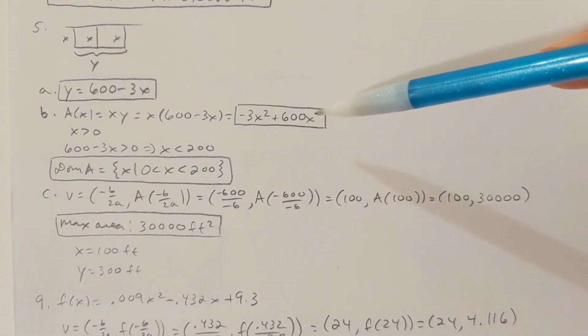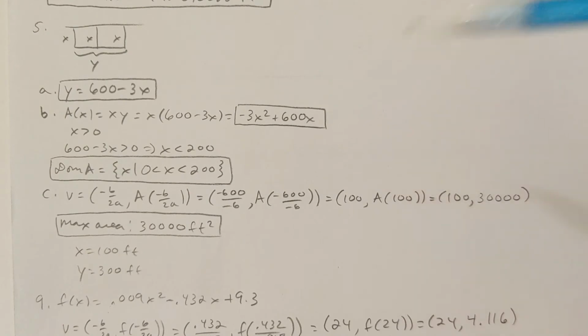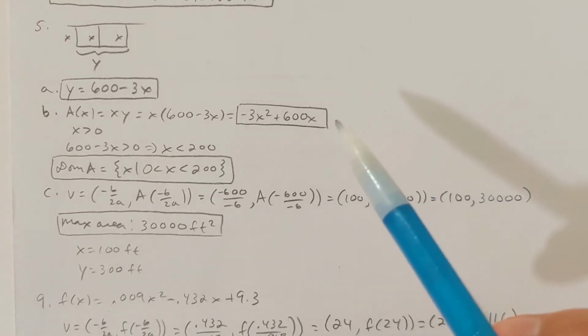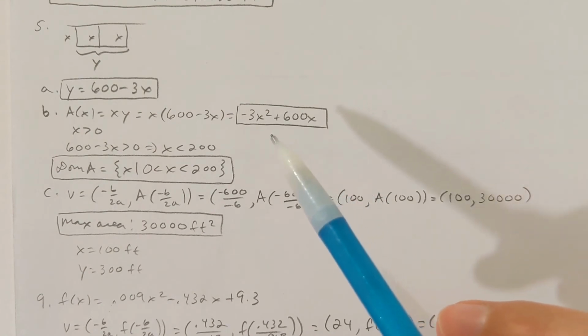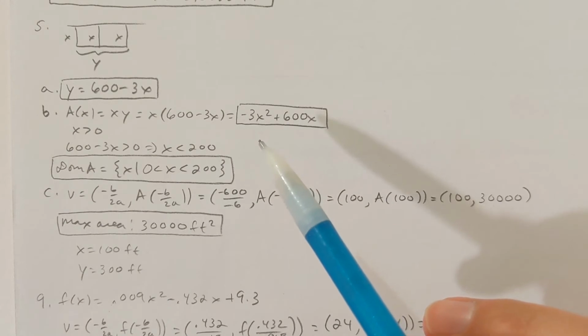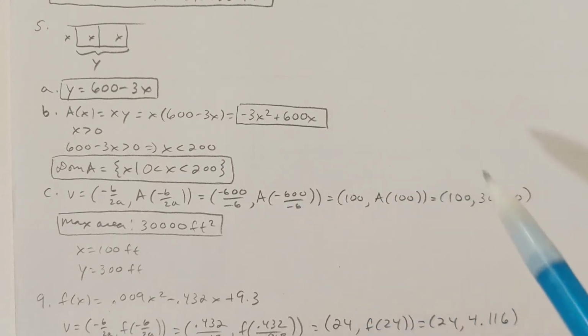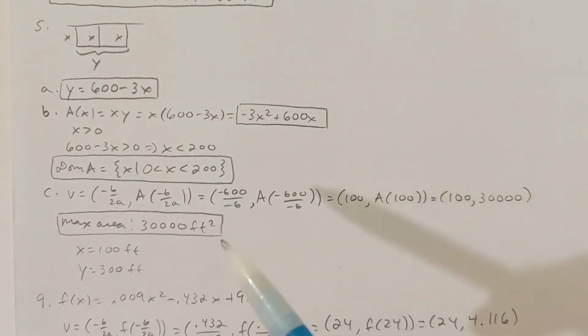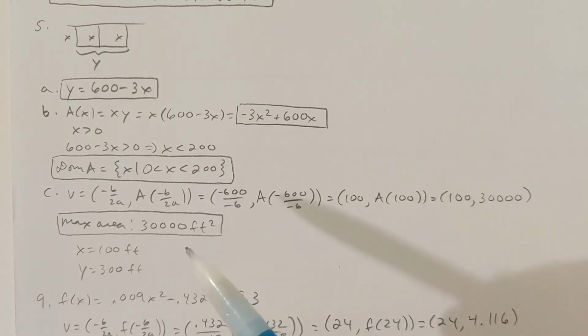Okay, so 600 times 100 gives me 60,000, minus 30,000 would be 30,000. And that's the maximum area. So the maximum area that they're looking for is 30,000 square feet.